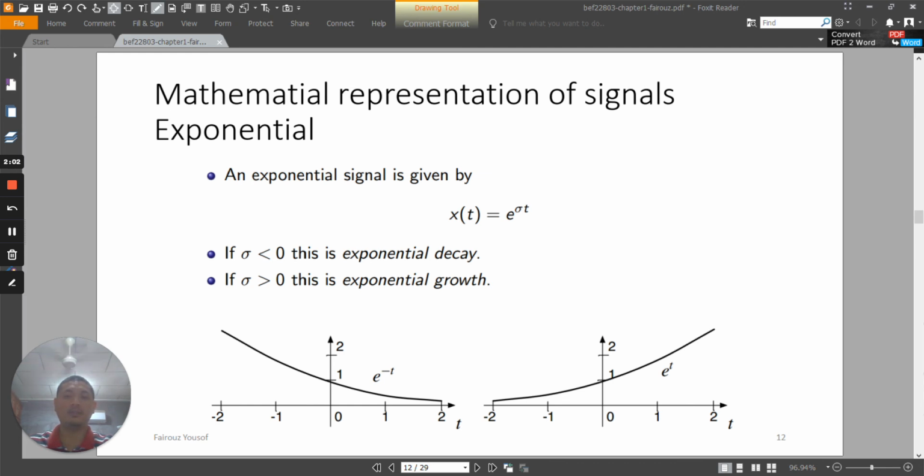So e to the minus t, the slope is like this, and it will not touch the x-axis. Exponential decay, exponential growth, right?